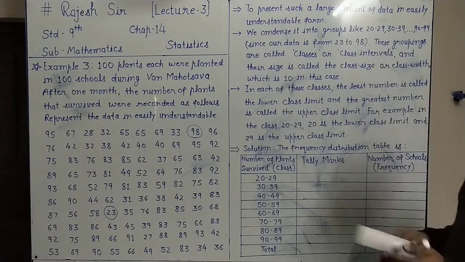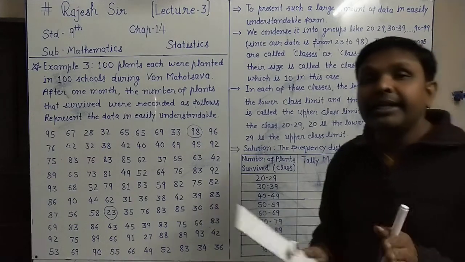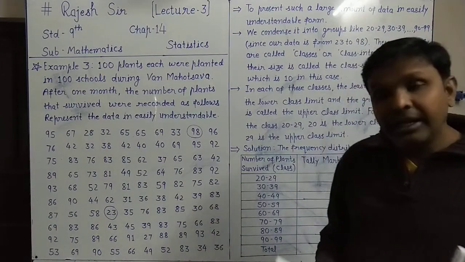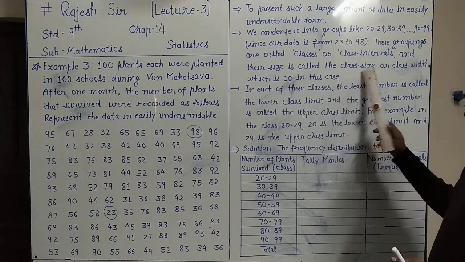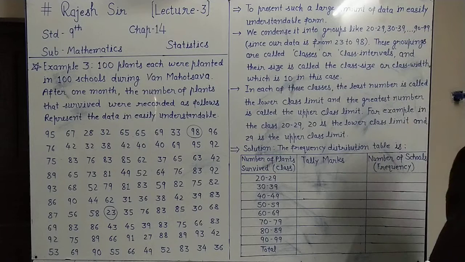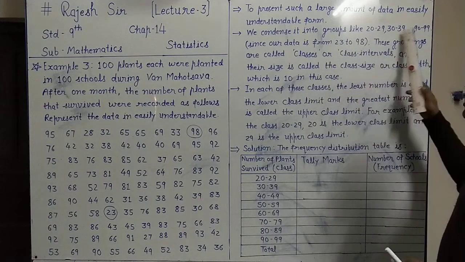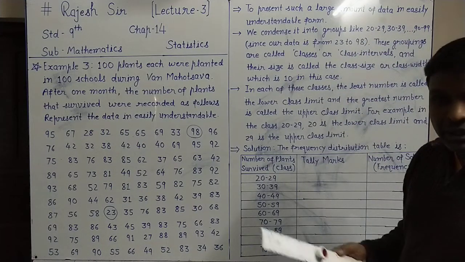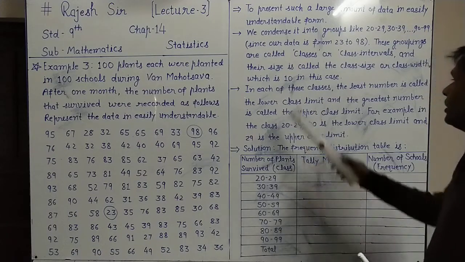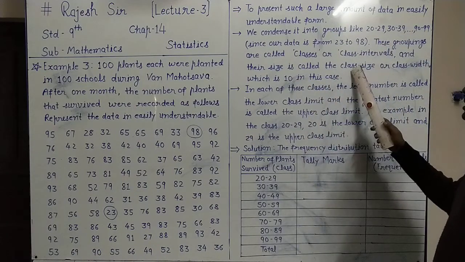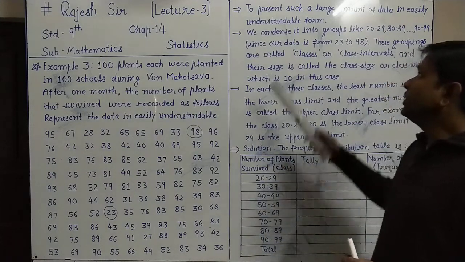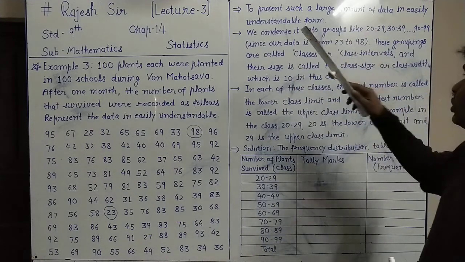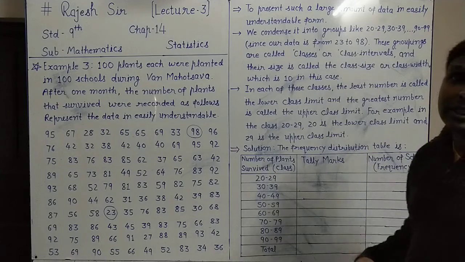Between each two consecutive classes there is a gap of 10. So this 10 in this case is called the class size of this type of class. This type of class has class size 10 because the gap is 10. So in this part we have understood what classes and class size are.